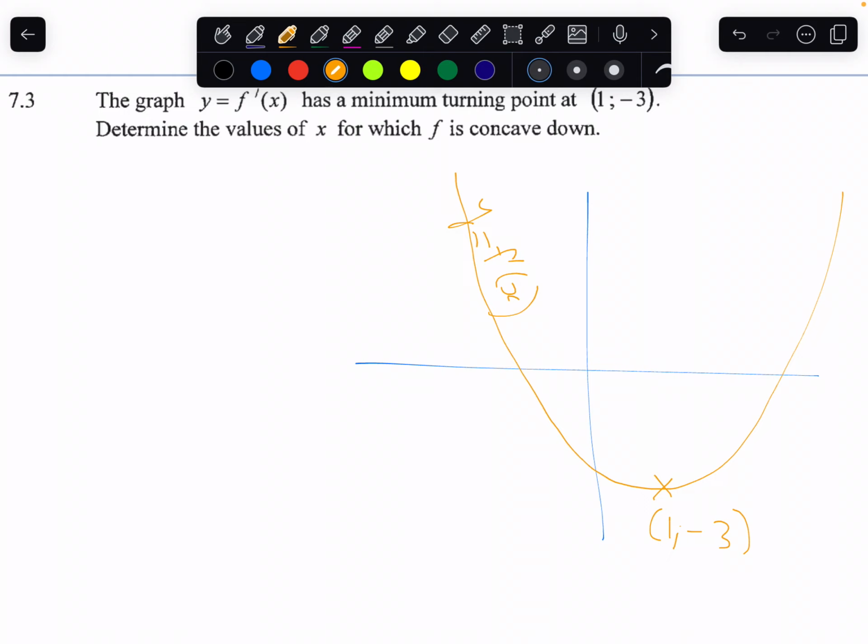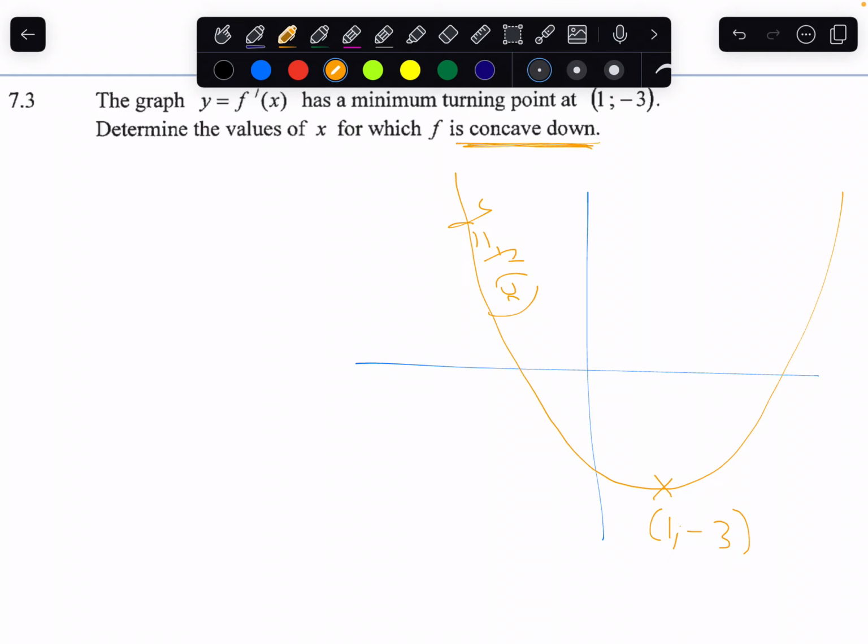Okay, so from this information, we can draw an image of f, or a potential image of f. So what we are interested in is the concavity.